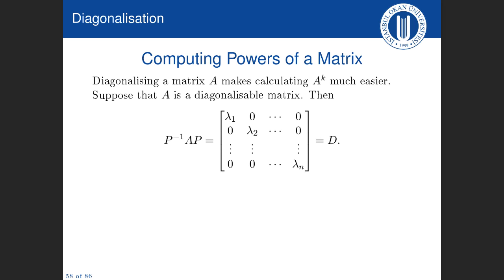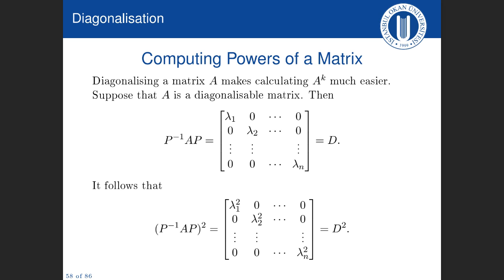That means we can find a matrix P such that P inverse AP is equal to a diagonal matrix D. And then if we square both sides, remember how easy it is to square a diagonal matrix. (P inverse AP) squared is D squared, and D squared is just the diagonal matrix where we have lambda 1 squared, lambda 2 squared, etc. down the main diagonal.